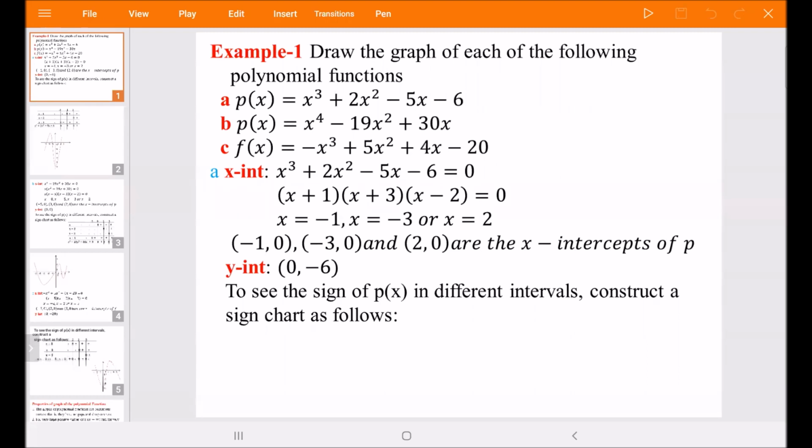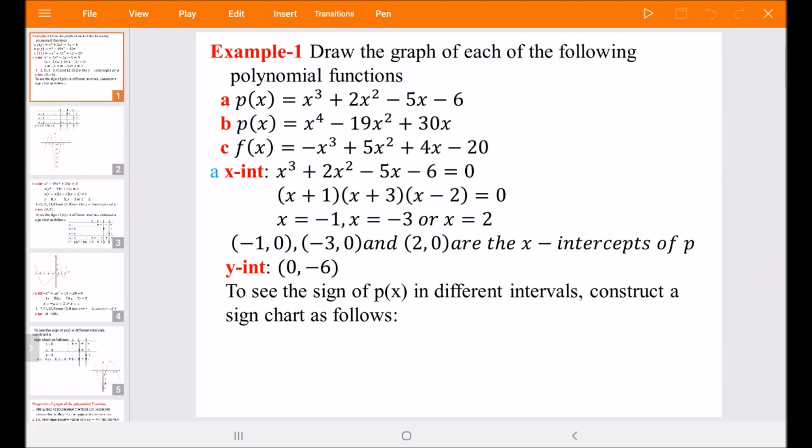But in the case of the x-axis, it may cross once, twice, 3 times, 4 times, in general n times, or it may not cross the x-axis at all. So if we obtain the y-intercept, the next step is constructing a sign chart to determine where the graph of P of x lies below the x-axis and where it lies above the x-axis.